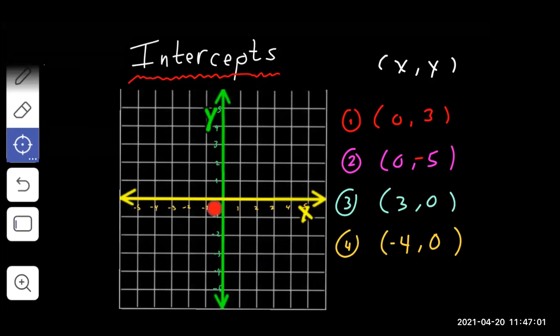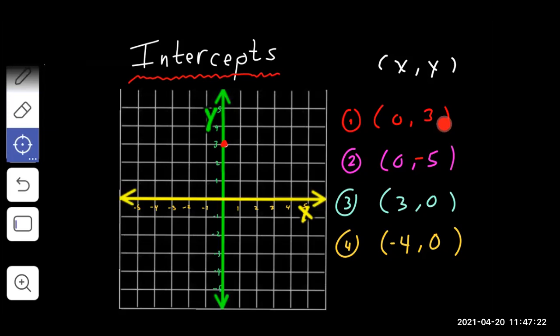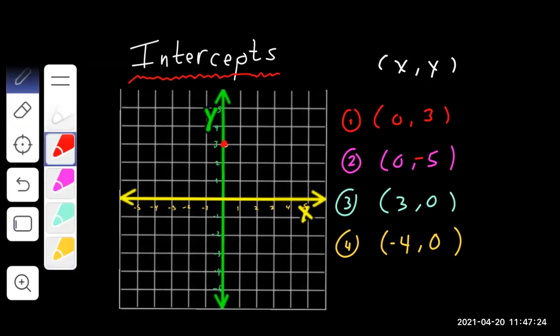How many for y, guys? 0 for x, I'm here. And how many for y? 3 for y. It's positive, guys. Y is this line. I'm going to move from this point: 0, 1, 2, 3. This is where we're going to get the point. This point is going to be right here. It is supposed to be in red. That is a point. This is point number 1.